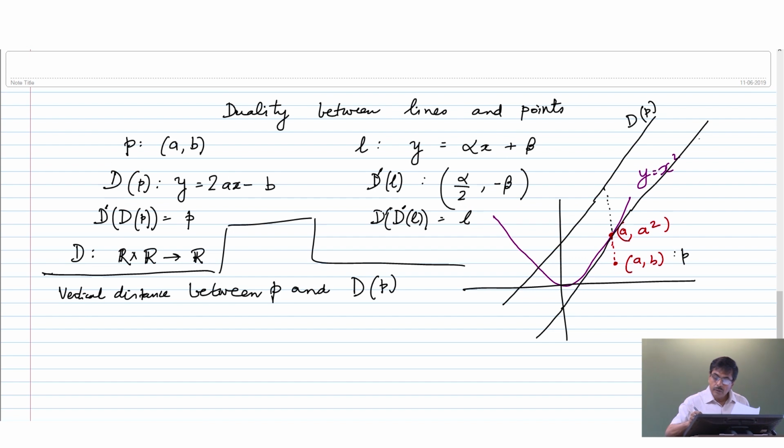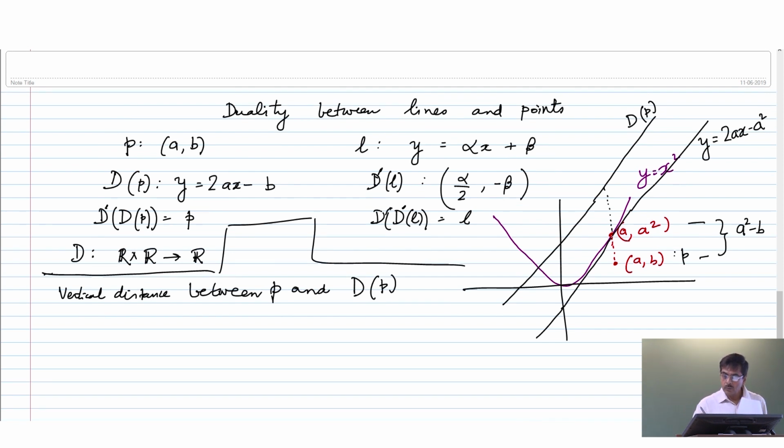It's y equal to 2ax minus a square, right. So, the distance from the point to the projection on the parabola, okay. So, this distance is a square minus b, right.